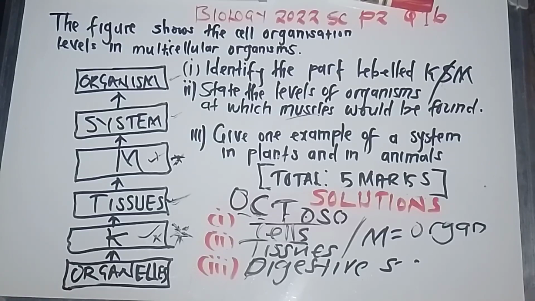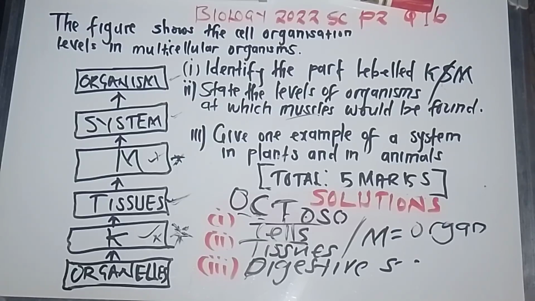Then the other system which is also very, very common, and I'm sure you have learned about this system, or maybe if you haven't, you will learn about it. We can talk of the urinary system or excretory system. We'd find that it is a system which is made up of different organs.